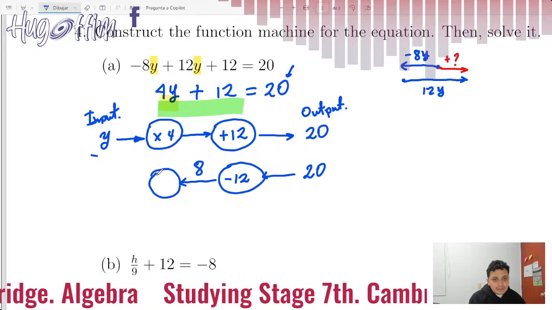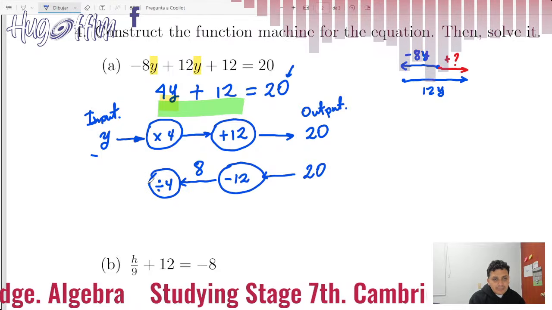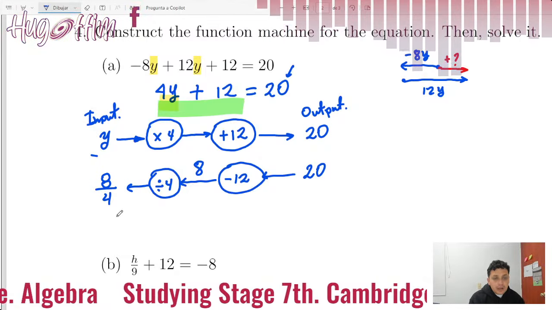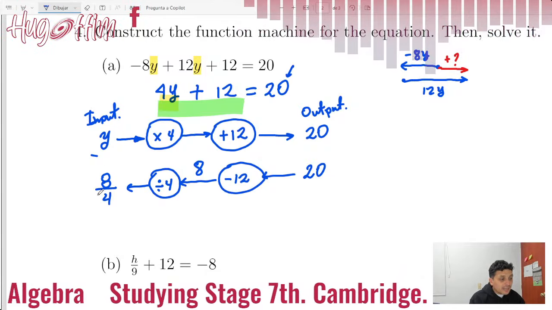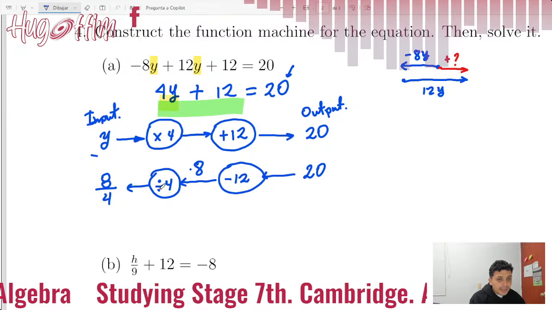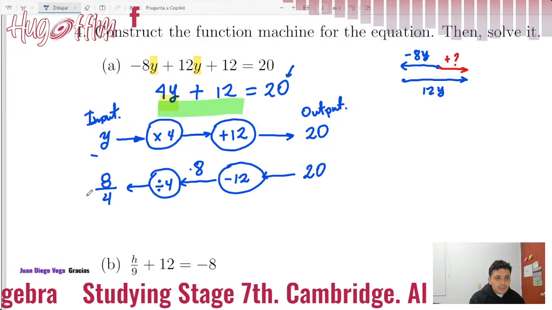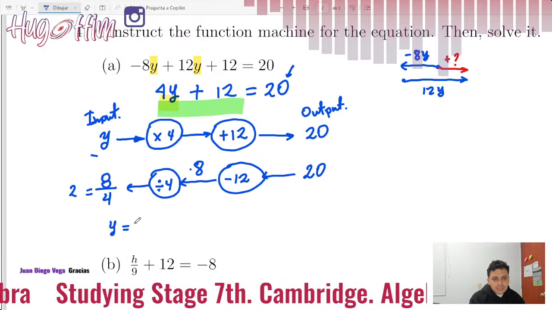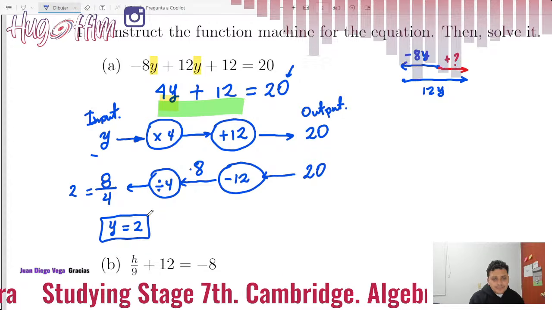And then I have to divide by 4. So the answer is 8 divided by 4. Observe that I'm not putting 4 divided by 8 because this is the operation: 8 divided by 4. So 8 divided by 4 is going to be 2. So y is going to be 2, the answer.